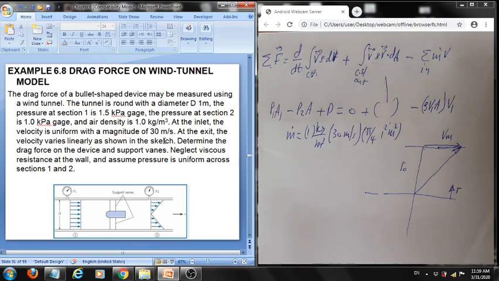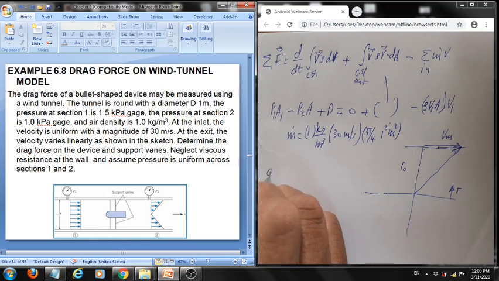Okay, we recognize that it's steady. We can call it incompressible because the density variation is not that significant. So we have the discharge at the inlet equal to the discharge at the outlet, again because we can treat it as steady, which it indeed is, and the density variation is insignificant as implied by the problem.